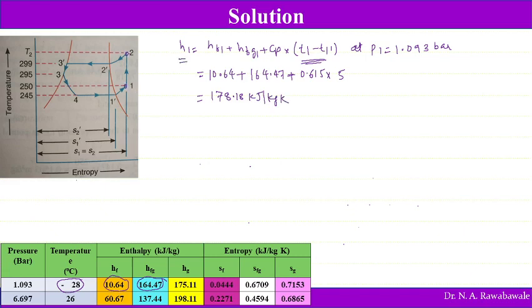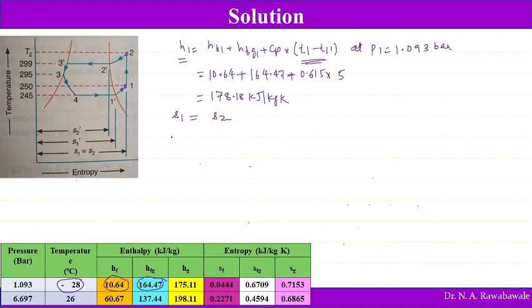To know the enthalpy at point 2, we must know the temperature at point 2, or the temperature difference between T2 and T2 dash. So to find this temperature at point 2, we equate the entropy at point 1 to the entropy at point 2.